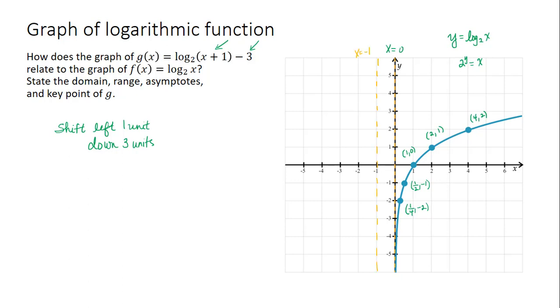Then we can shift each of the points that are shown in the graph of f left 1 and down 3. So for instance, if we shifted (1/4, -2) left 1 and down 3, we would go to the point (-3/4, -5). If I shift (1/2, -1) left 1 down 3, I go to the point (-1/2, -4).